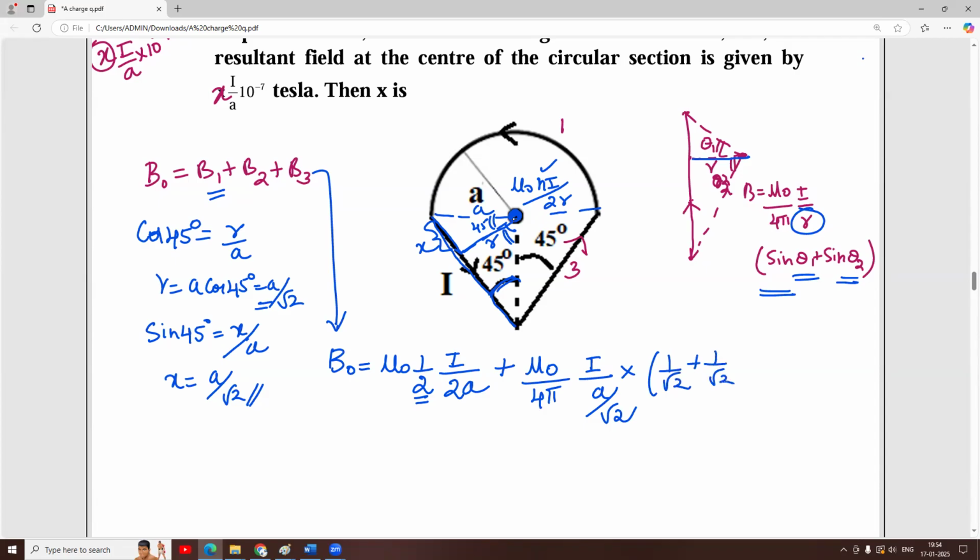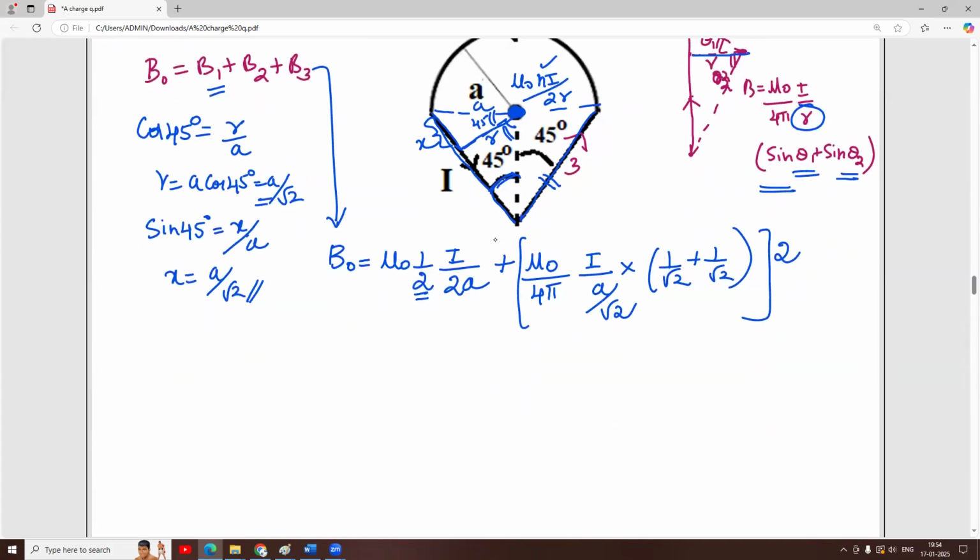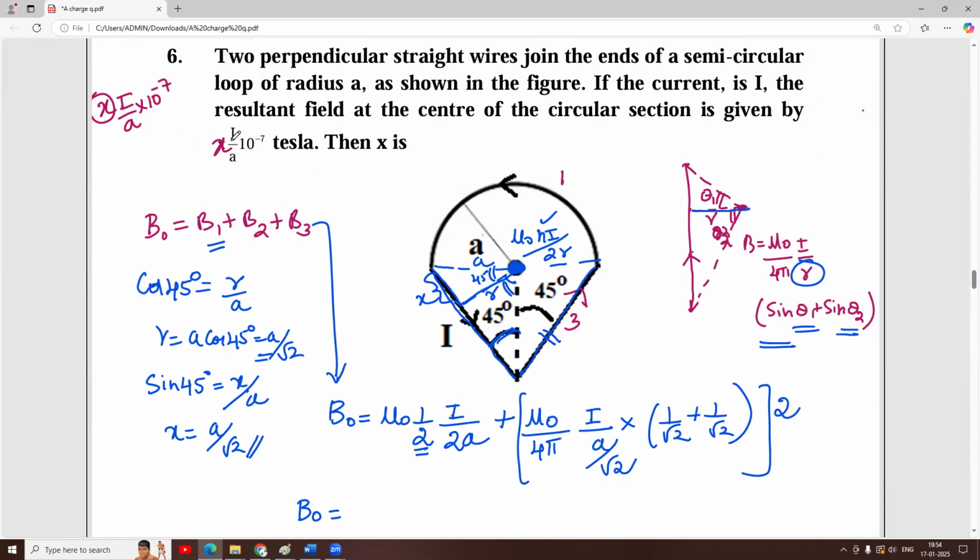This has to be written 2 times because the other straight part of the wire also produces the same magnetic field at this point. So what is the net magnetic field at the center?